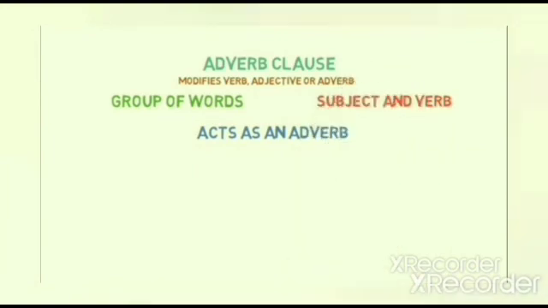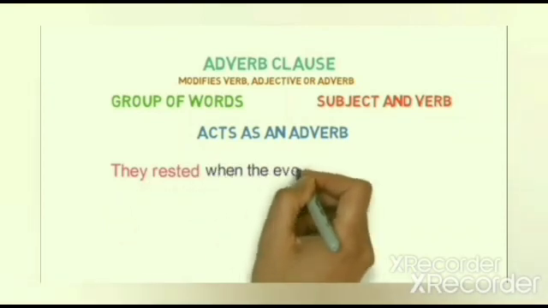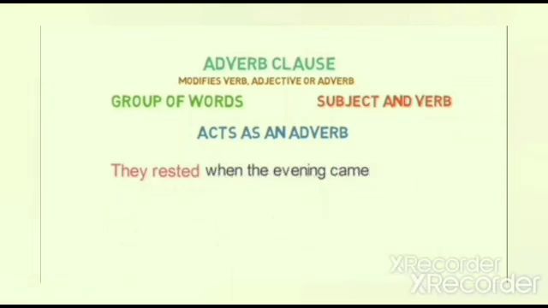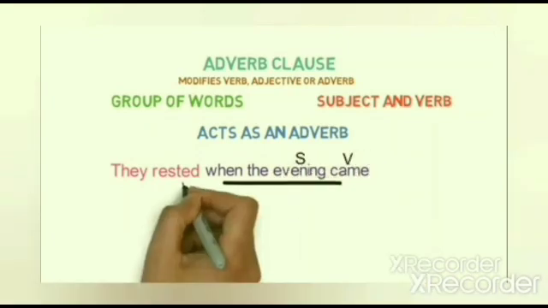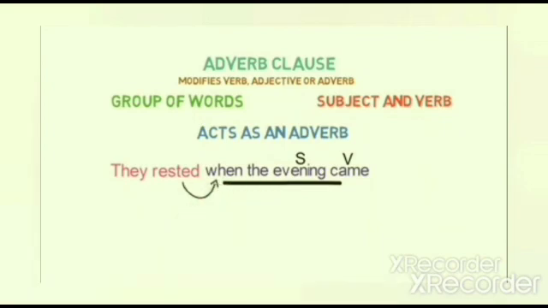For example, they rested when the evening came. Here, when the evening came is a clause as it has a subject evening and verb came, and it is describing the verb rested. It's an adverb clause.